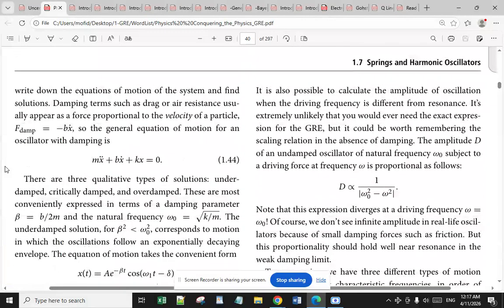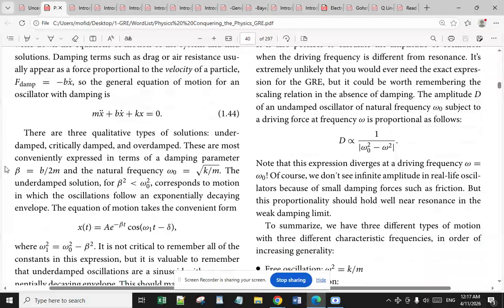It is also possible to calculate the amplitude of oscillation when the driving frequency is different from resonance. It's extremely unlikely that you would ever need the exact expressions for this, but it could be worth remembering the scaling relation in the absence of damping. The amplitude D of an undamped oscillator of natural frequency omega 0 subject to a driving force at frequency omega is proportional as follows: D is proportional to 1 divided by omega 0 squared minus omega squared.